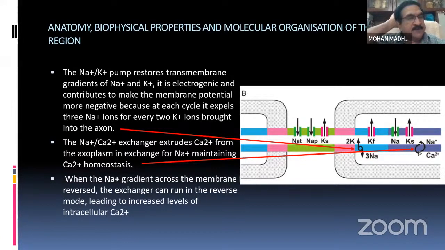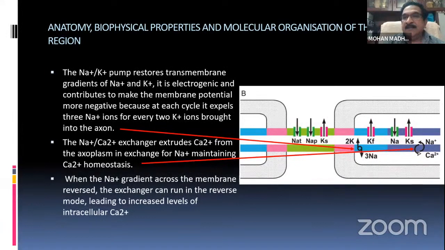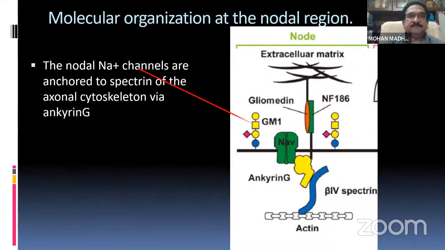You may be asking why I'm talking about this for our patient, because this is the reason responsible for axonal degeneration in persistent depolarization. The exchanger tries to push out the sodium from inside, but in turn the calcium gets into the axon, causing the damage.